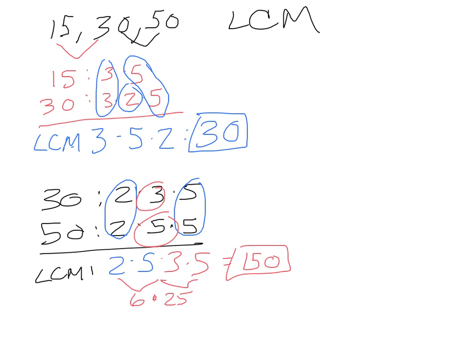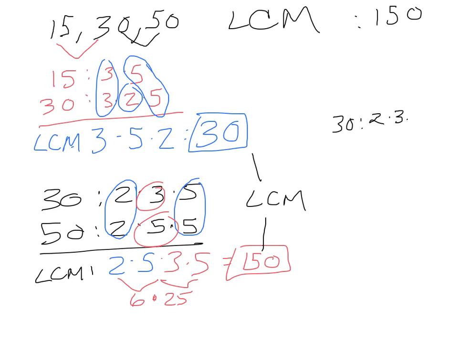Okay, now we've got to find the LCM between 30 and 150. Hopefully you can already see that it's that 150, because 30 can go into 150. But if you couldn't see that, you can take each off to the side here and represent the prime factorization.